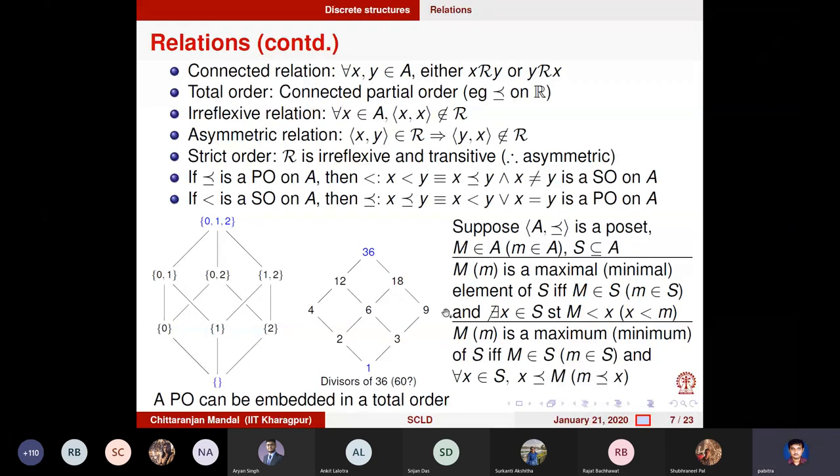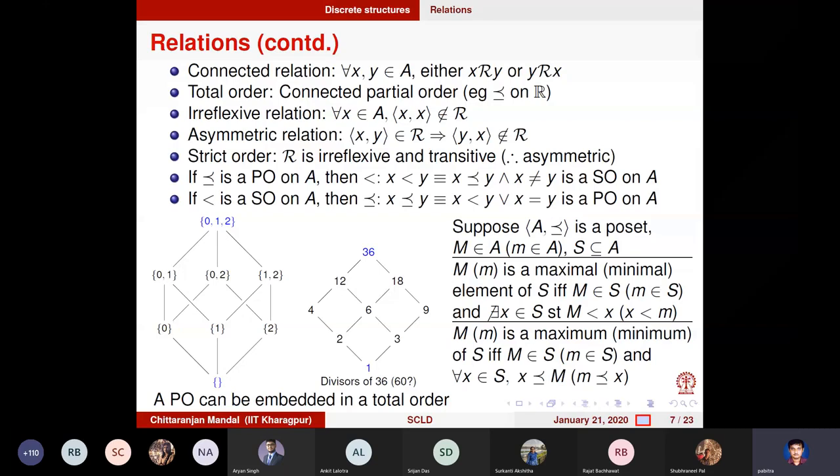Okay, and now look at the other way. So let's look at 2 and 3. Any two elements, 2 and 3. So what is the common upper bound of 2 and 3? 6, 12, 18, 36. Yes. What is the lowest common upper bound of 2 and 3? 6.